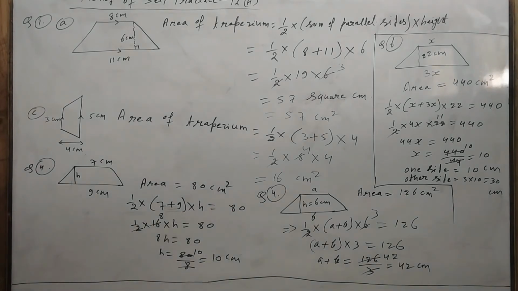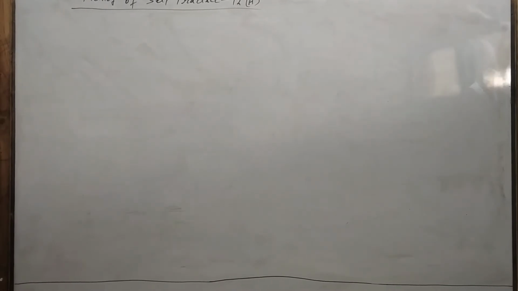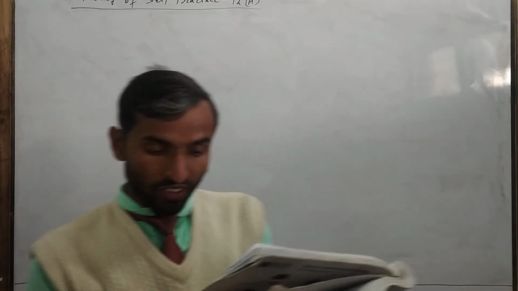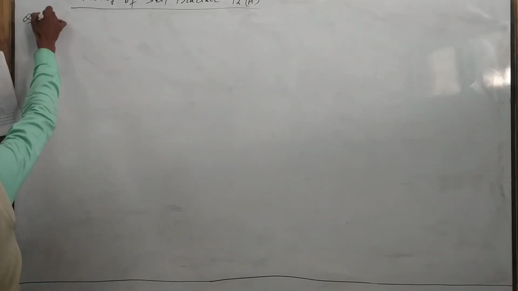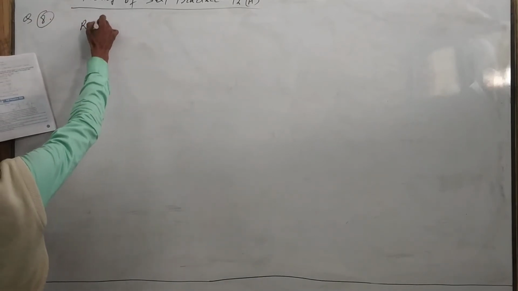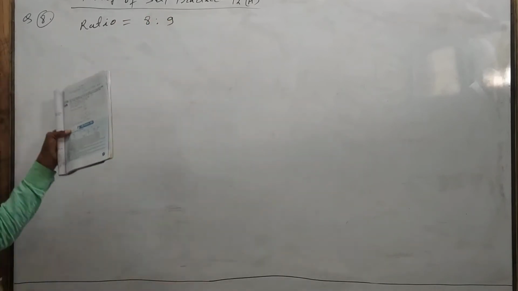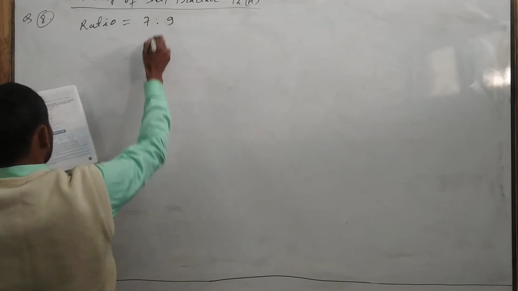Now we will do question number 8. All of you read question number 8 first of all. The lengths of the parallel sides are given in the ratio 7:9.